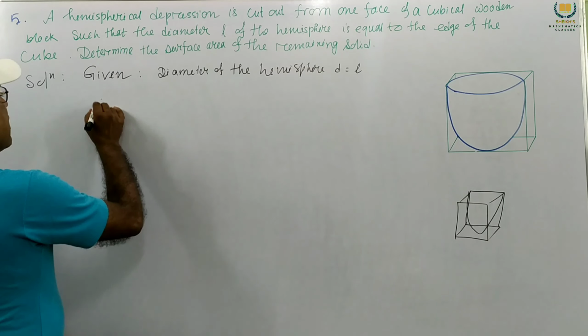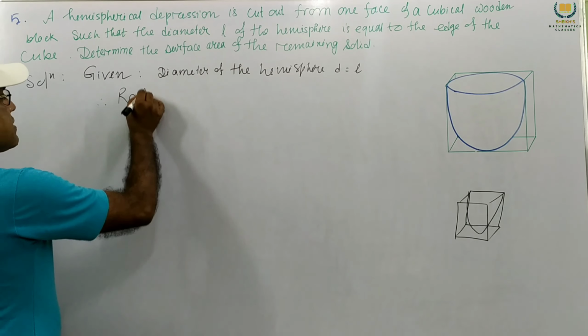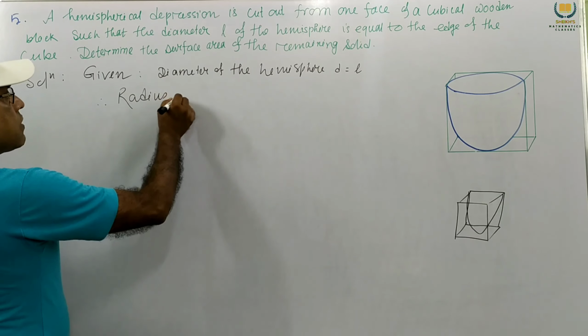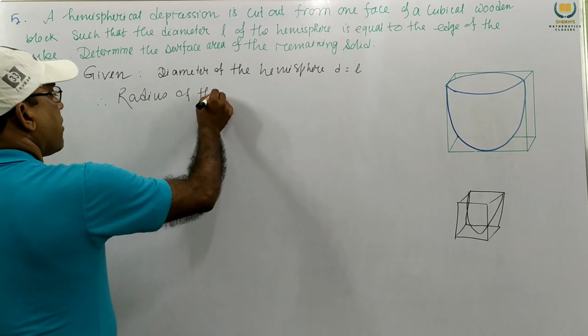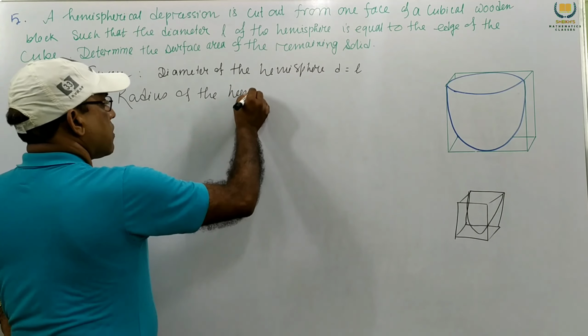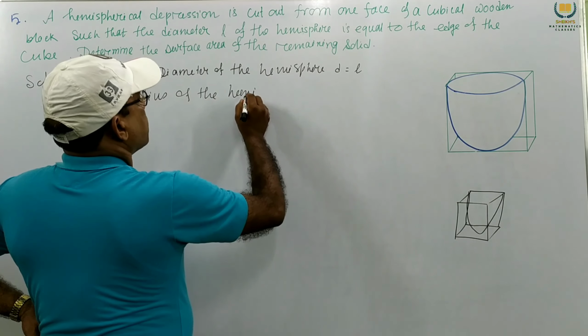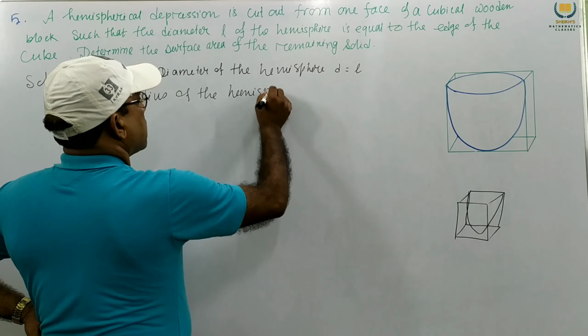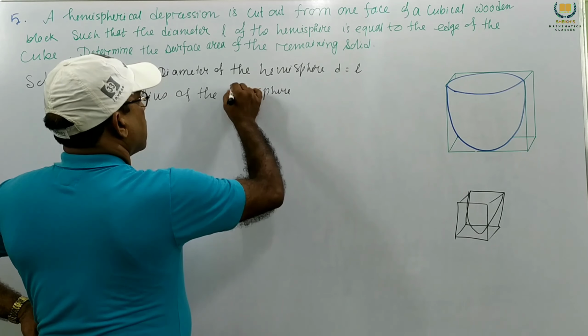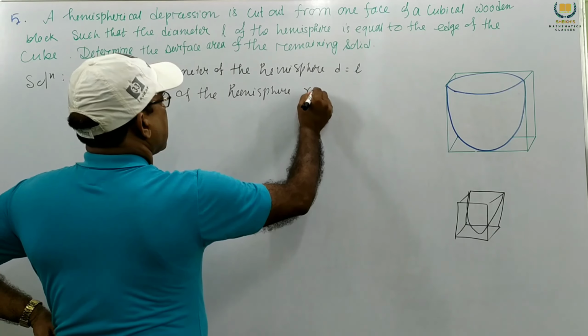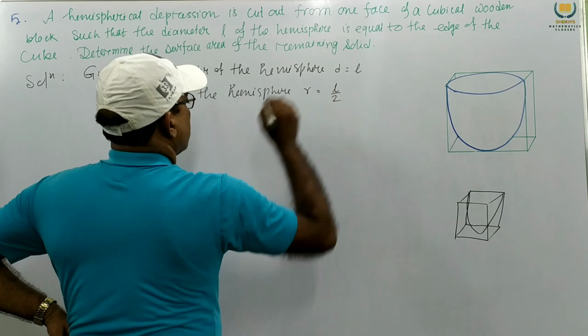Diameter L, therefore the radius of the hemisphere, R equals L by 2.